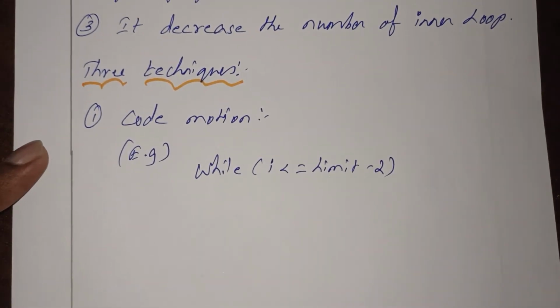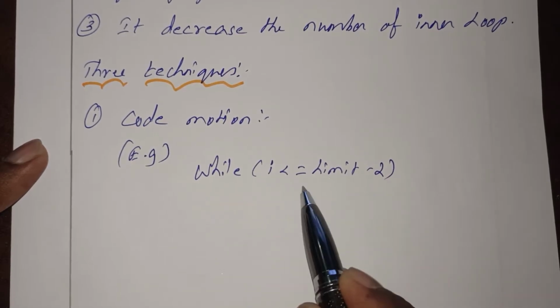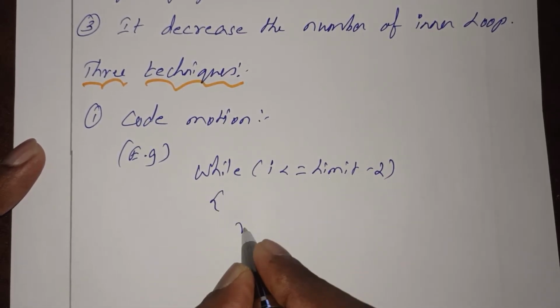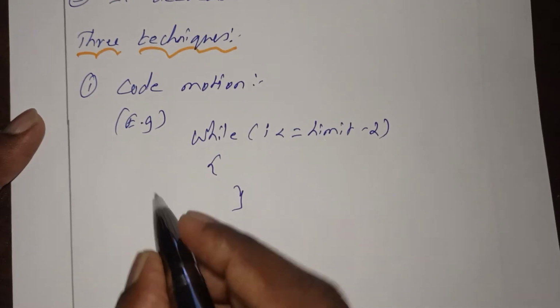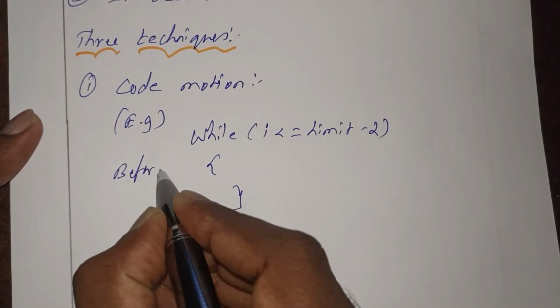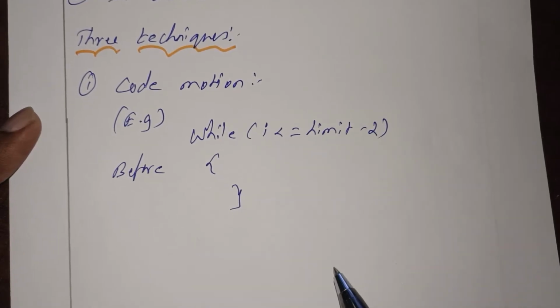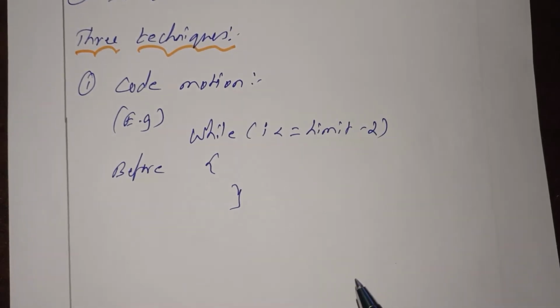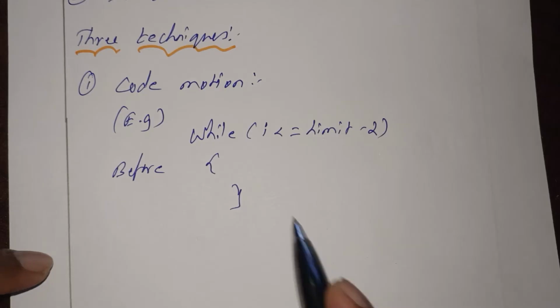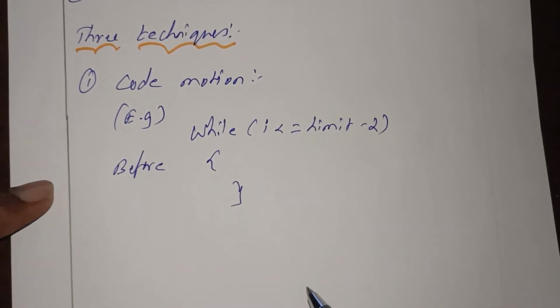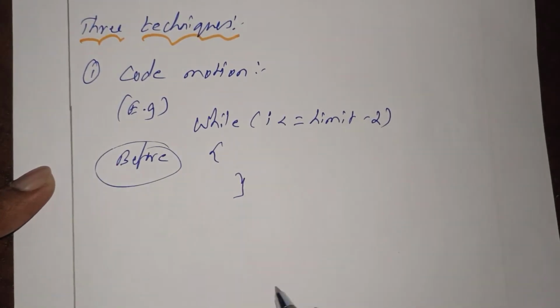I have taken this example for simple understanding, right? So while i is less than or equal to limit minus 2, there is a task to be performed. This is before. How can the evaluation of this condition be improved, right? So this is before.